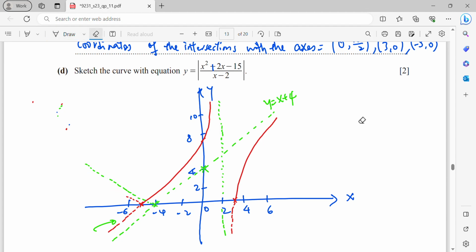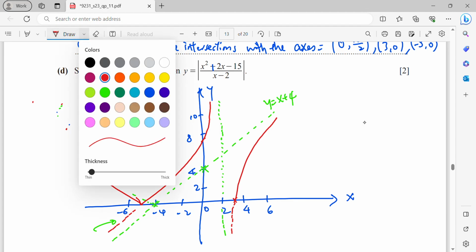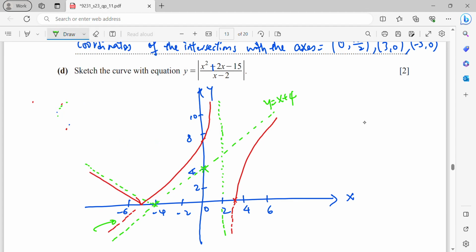It is not a straight line, it should be a curve. But it approaches the reflected asymptote.